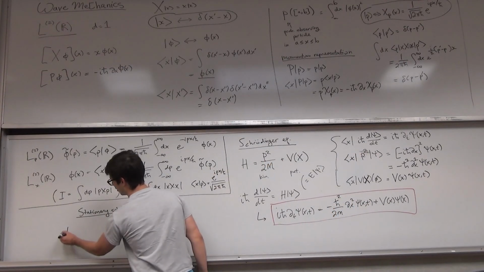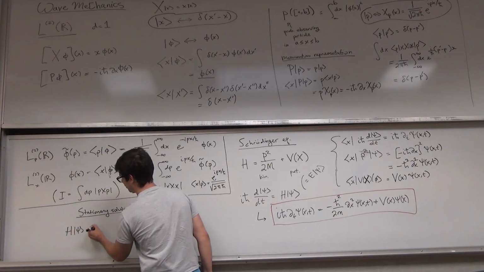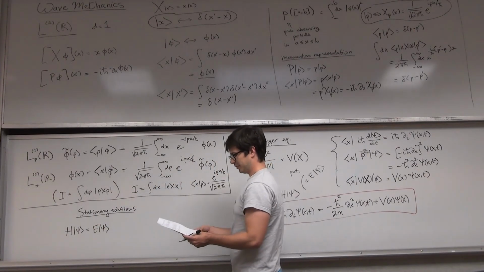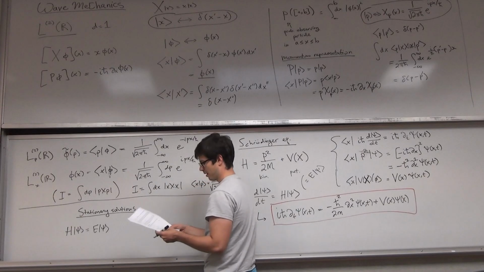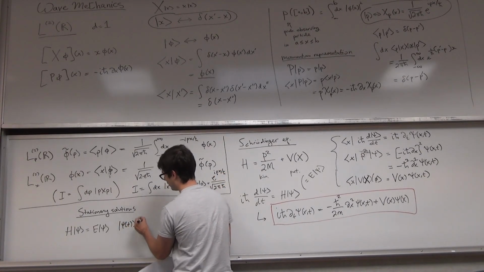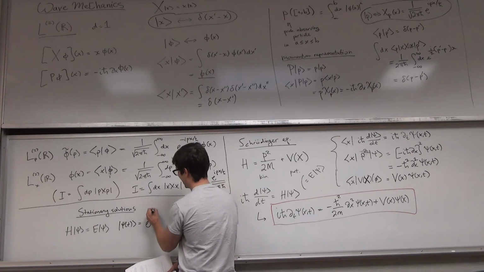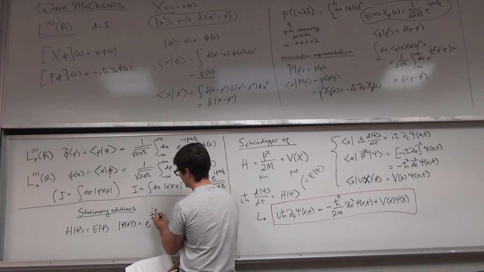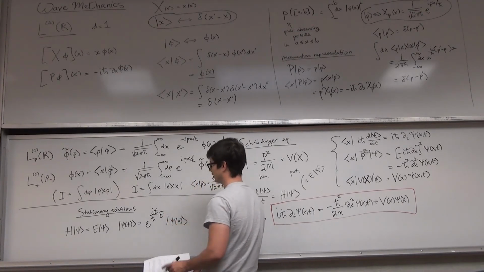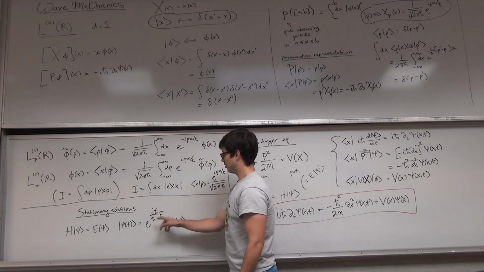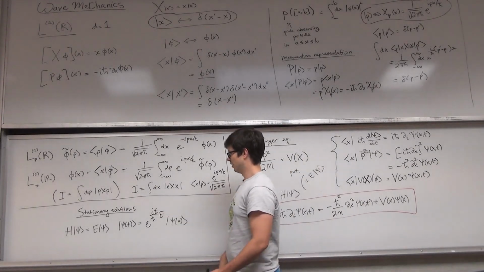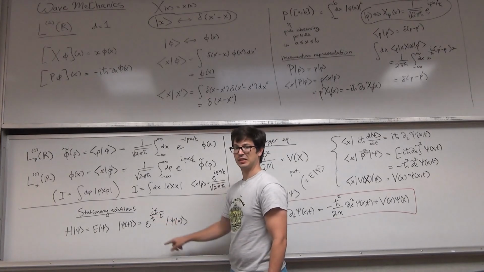So we're going to look for H psi equal to E psi, the stationary solutions. And of course, remember for these, psi of t is equal to e to the minus i E t over h bar times psi of 0. It's really easy, right? You can just solve this equation very simply, just exponentials, and you get this rotating phase.